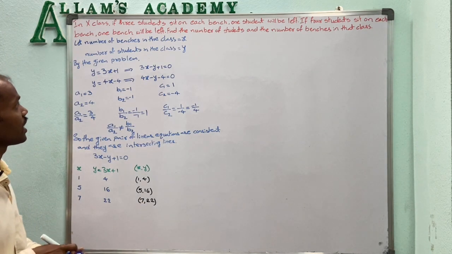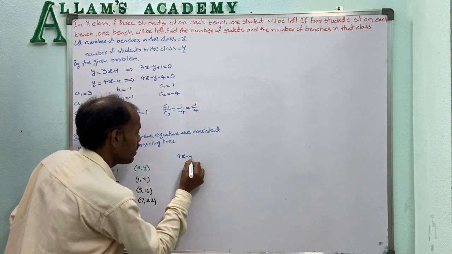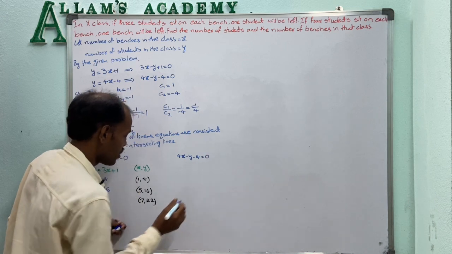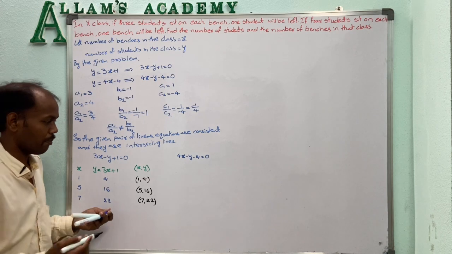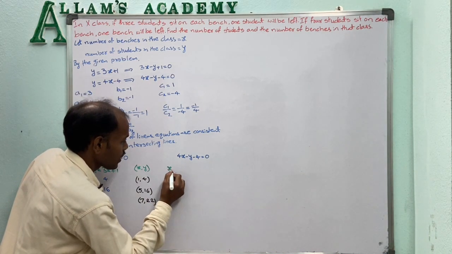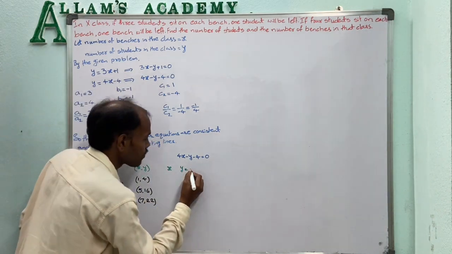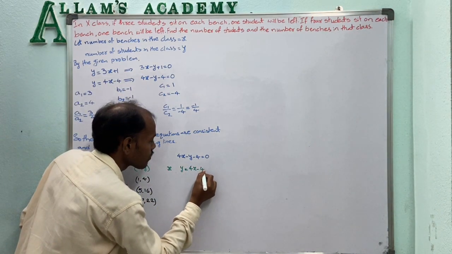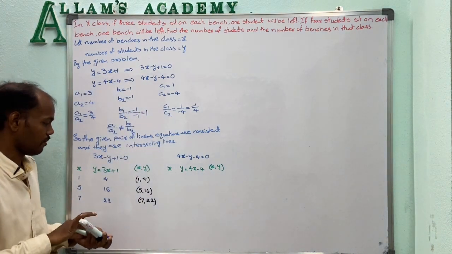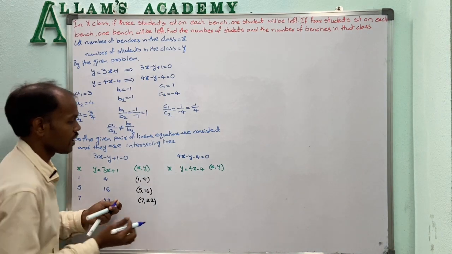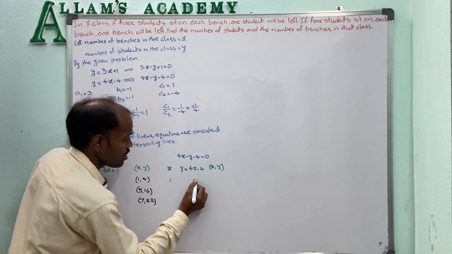Now the second equation, that is 4x minus y minus 4 equal to 0. For the second equation, we take the points: y equal to 4x minus 4, and the point x, y. Now if we substitute x equal to 1, 4 ones are 4 minus 4 equal to 0.